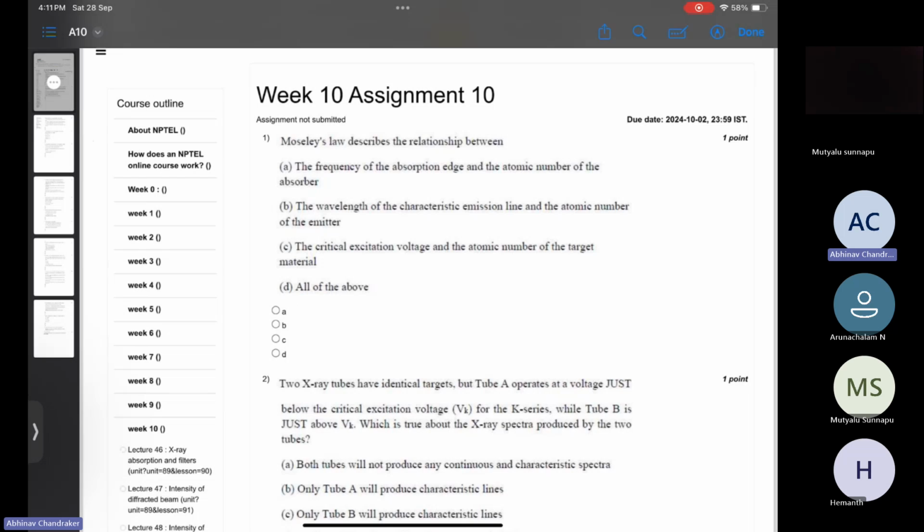Mutyalu, are you trying to speak? I can't hear you. I do not speak, sir, but your voice is not clear. Wait, I think there is an issue with my audio. Now I can hear you. So should we start with the assignment?